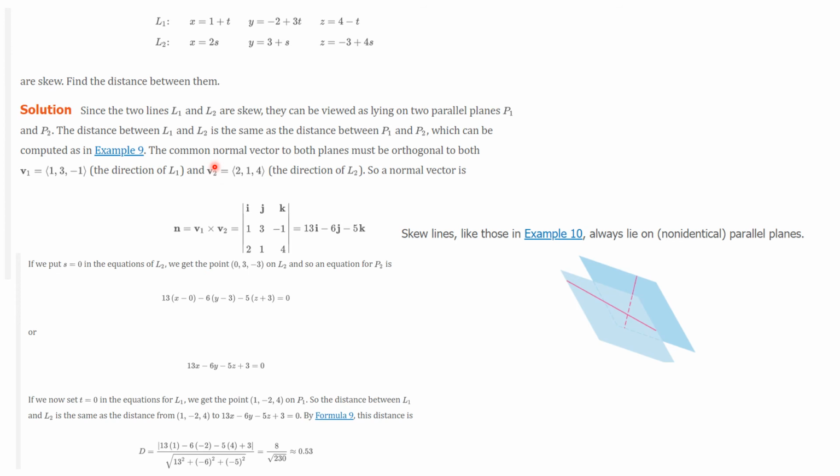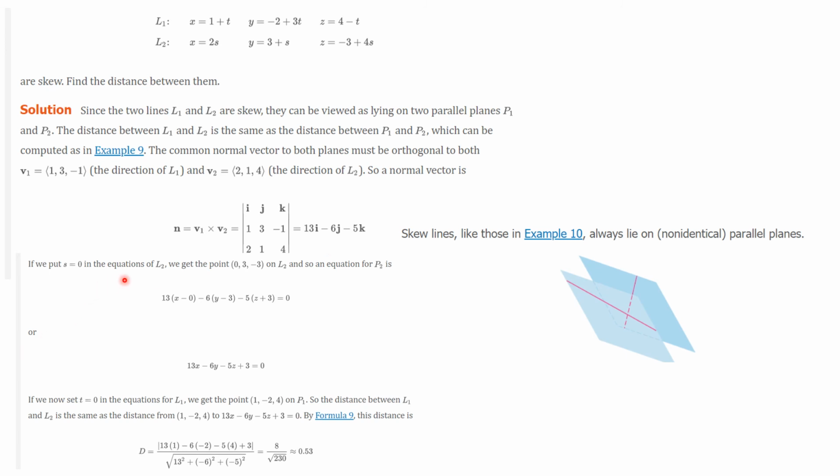So the common normal to both planes: V1 is <1, 3, -1>, that's the direction of L1, and V2 is <2, 1, 4>. Those are both pointy brackets. So the common normal to them is going to be the cross product of the two. We compute it here. Make sure you can do these calculations. And we get that this is <13, -6, -5>.